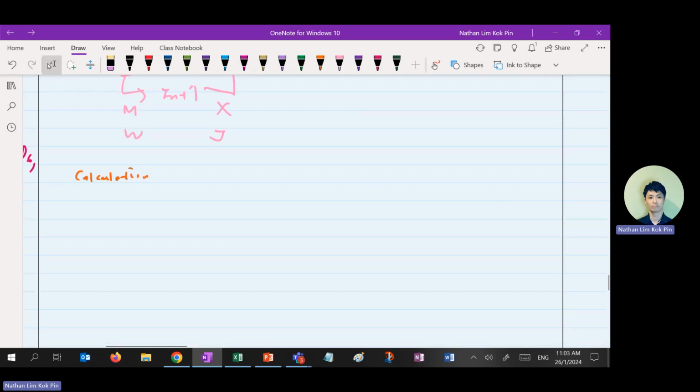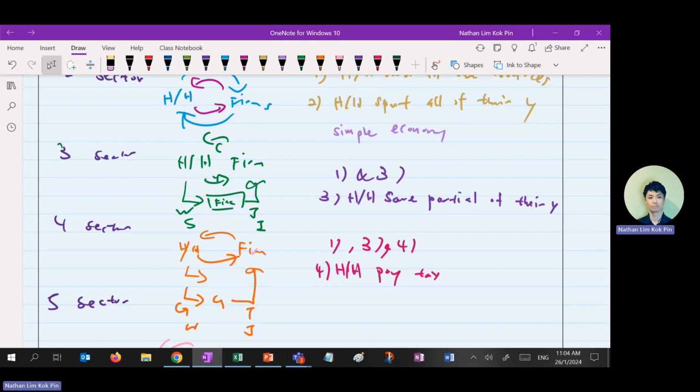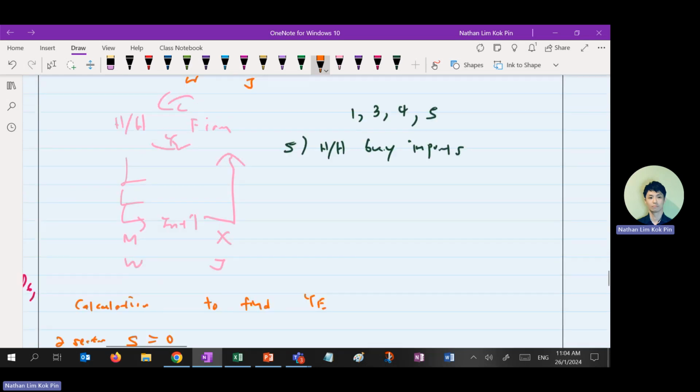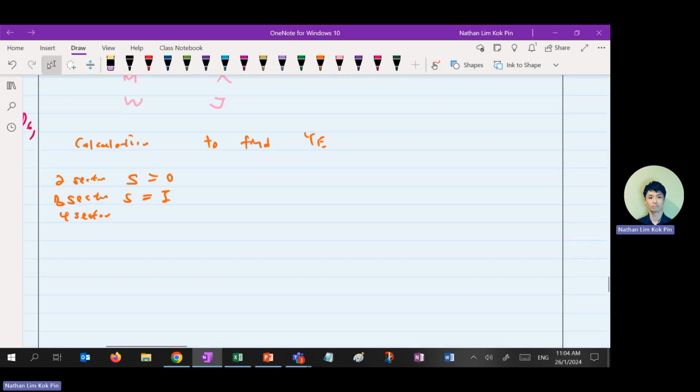For national income equilibrium, 2 sector is always S equals 0. 3 sector, S equals I. 4 sector, look at your circular flow: I and G, and S and T, they are together. So it's S plus T equals I plus G.